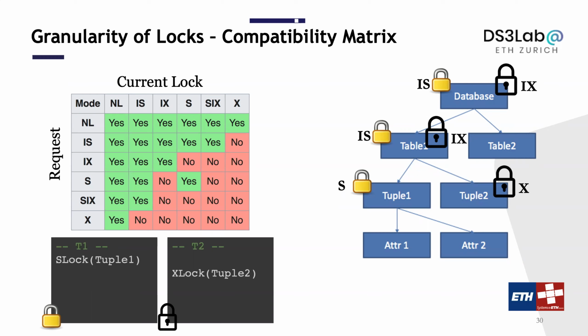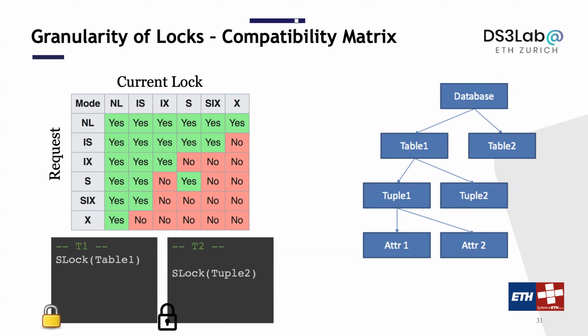So this is what happens when you have multiple transactions. When they try to lock tuples, exposed to the hierarchy inside your database, they acquire intention locks on all the upper layer objects until they issue the real lock on the object you want to lock.